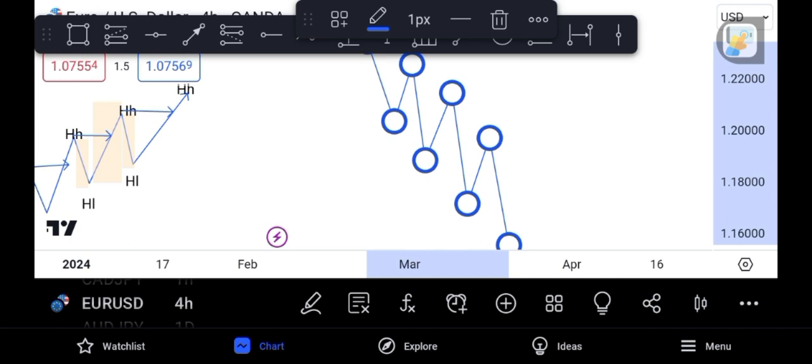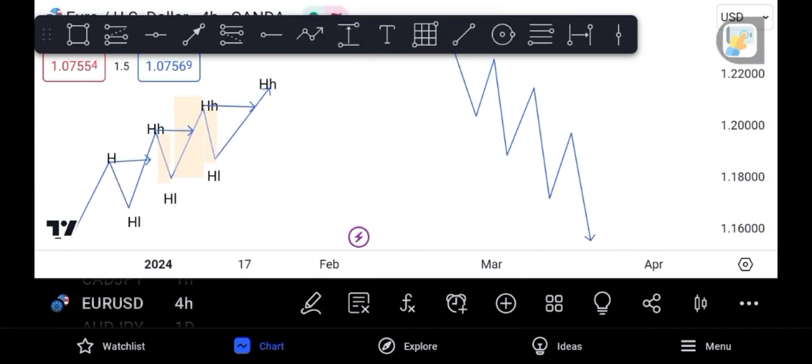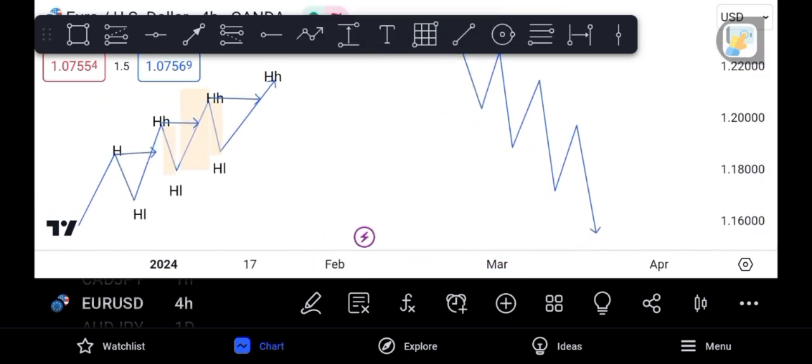And for this to be a valid downtrend, there are some characteristics that also are involved. Just know that the opposite of the uptrend is the downtrend.